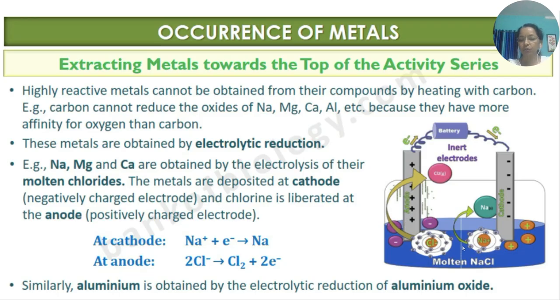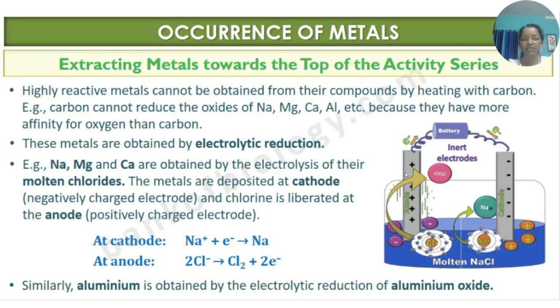Sodium ions take electrons from the cathode, form sodium metal and are deposited there, whereas chlorine gas escapes at the anode. Chloride gives out one electron and forms a chlorine atom, and two chlorine atoms combine to form a chlorine molecule.